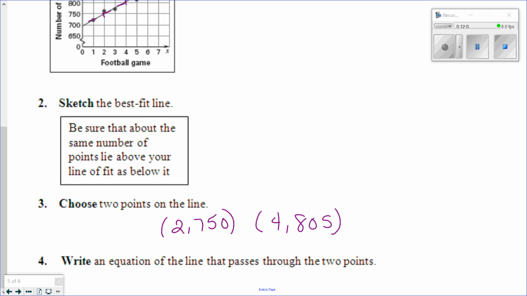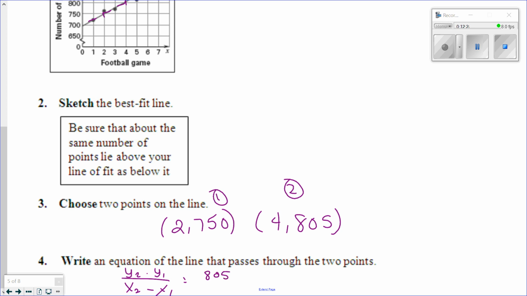So first I'm going to find my slope. So again, my slope formula is y2 minus y1 over x2 minus x1. And when I compute this out, I'm going to use this as my second point, and this is my first point.